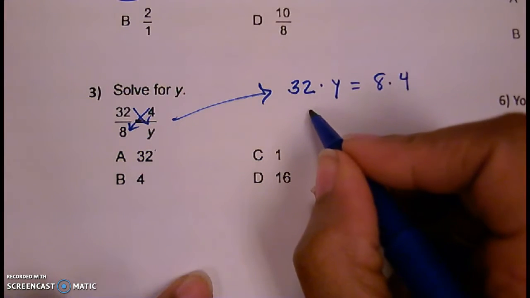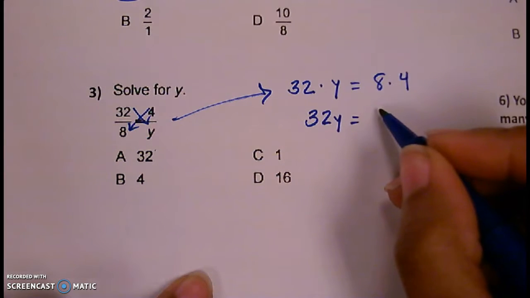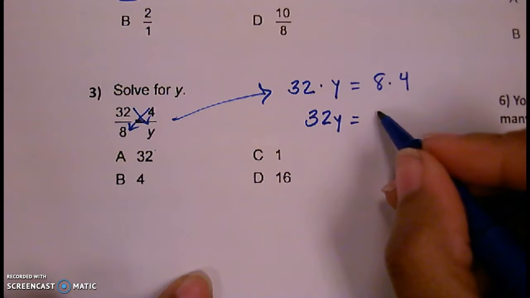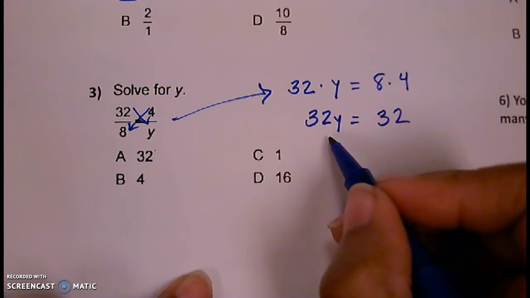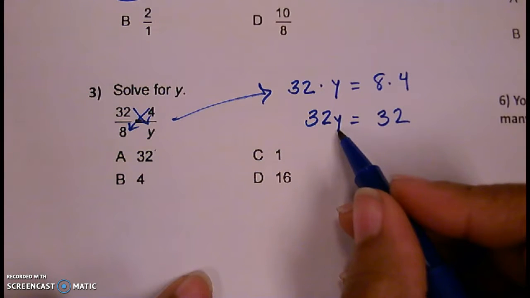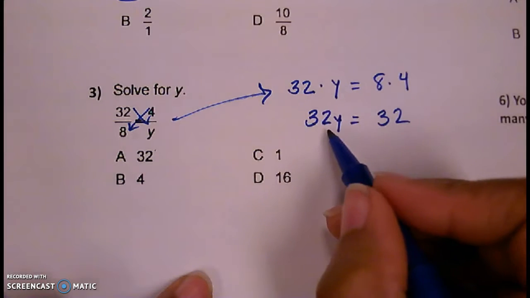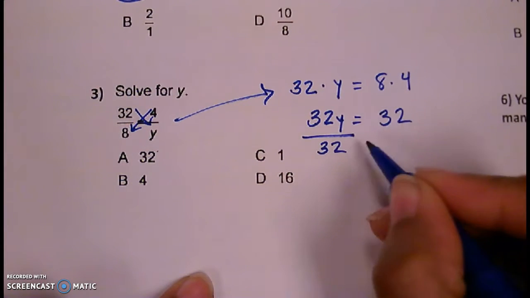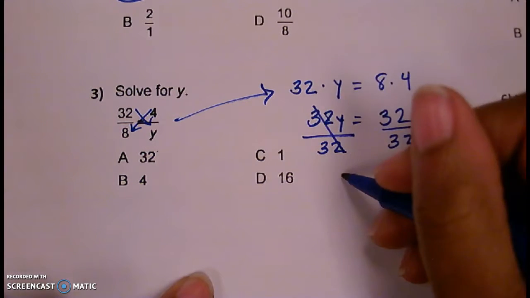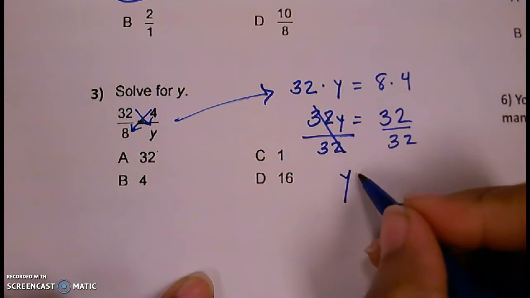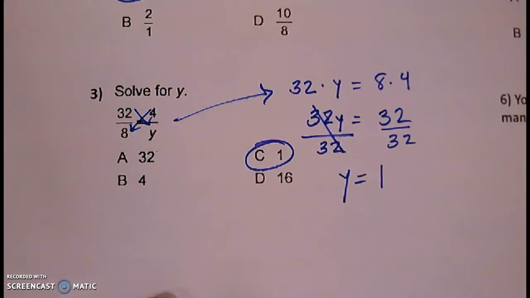To clear that up, I can just say 32y equals 32, excuse me. Okay? In order to get y by itself, since I'm multiplying 32 times y, I have to divide. That's the opposite. So I'm going to divide both sides by 32. 32 divided by 32 gives me 1, so I can bring down my y, equals 32 divided by 32 is also 1. So my answer is going to be C.